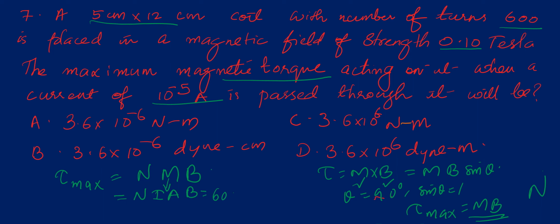N is 600, I is 10 raised to minus 5, A is 5 into 10 raised to minus 2 into 12 into 10 raised to minus 2, into B is 0.1. So when you calculate this one, you will get 3.6 into 10 raised to minus 6 Newton meter. So option A is the correct one.